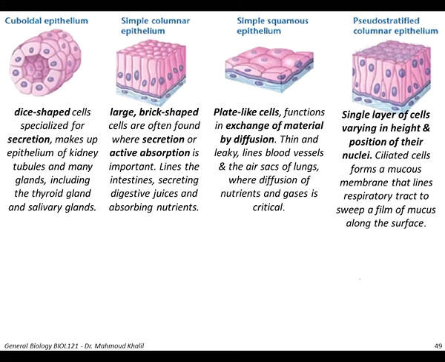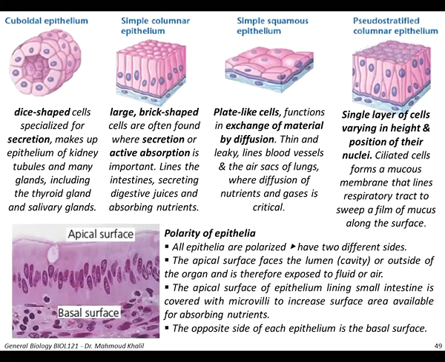You need to understand a very important thing, that cells have a polarity of epithelium. What's the meaning of polarity? That each cell, especially the columnar cell, has an apical surface and a basal surface. This polarity means the cells have two different sides. The apical surface is facing the lumen, the cavity, or outside the organ or the tissue, and that's why it is exposed to the fluid or air.